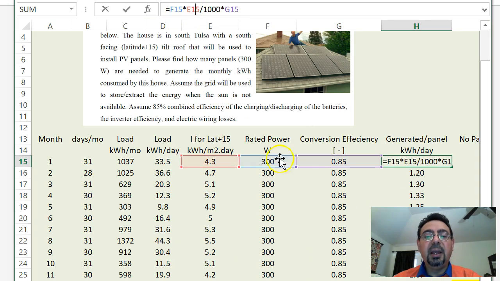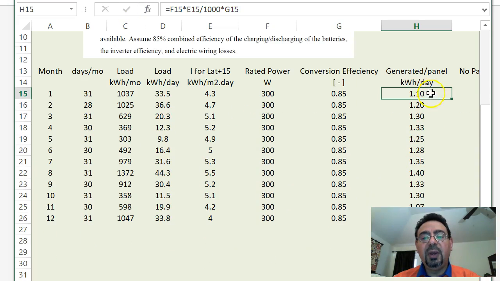It is the rated power, the 300 watt, multiplied by this number, the kilowatt hour per meter square per day, divided by 1000, because that is like one sun. Okay, multiplied by the efficiency. So when you do this for every month, you will find out how much each panel generates per day.